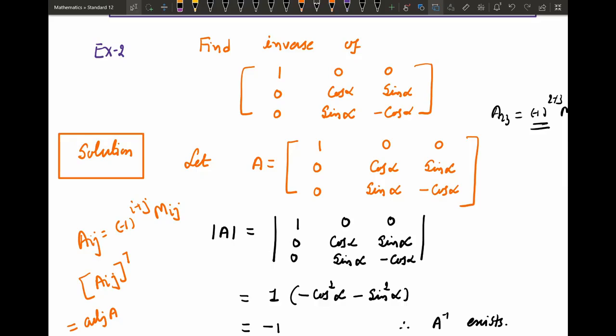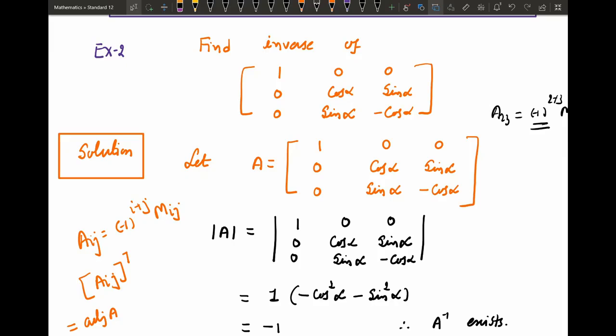Suppose let A equal to the matrix 1 0 0, 0 cos alpha sin alpha, 0 sin alpha minus cos alpha. Now first we will verify the condition of existence. For that purpose we have to find determinant A. If determinant A is not equal to 0, then the inverse will exist.